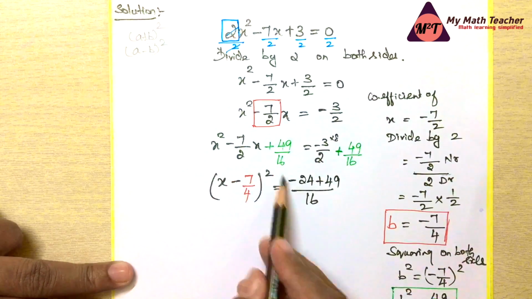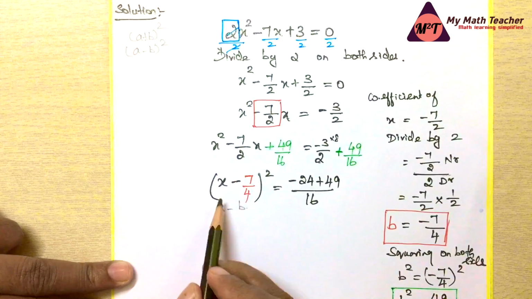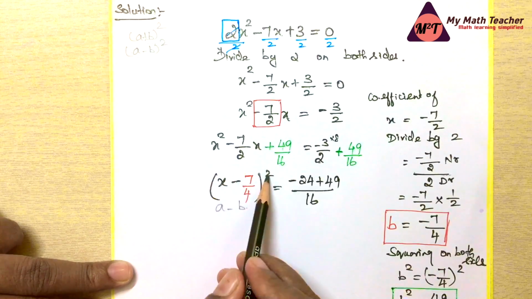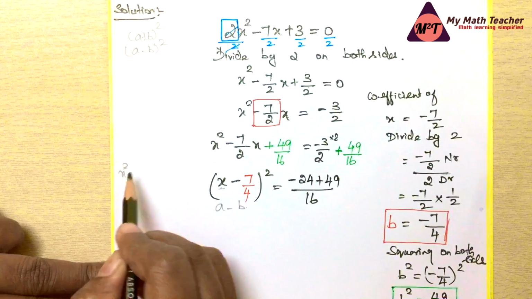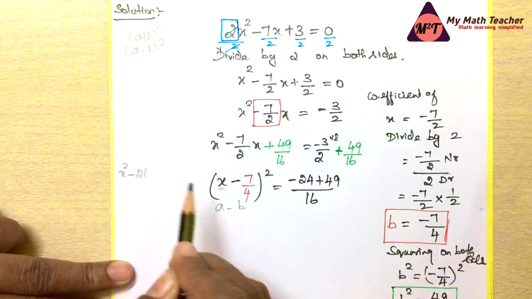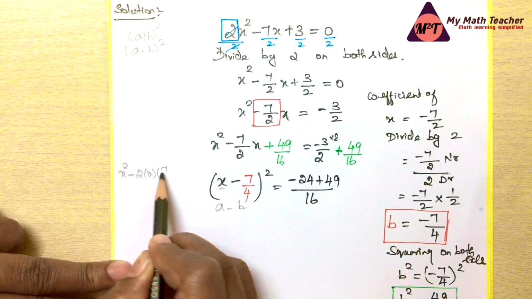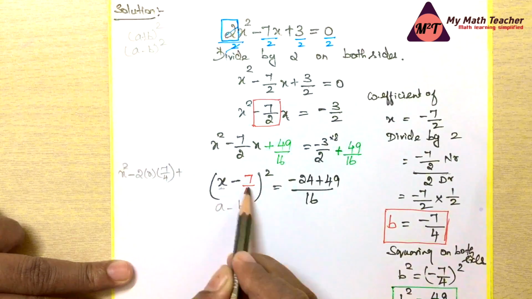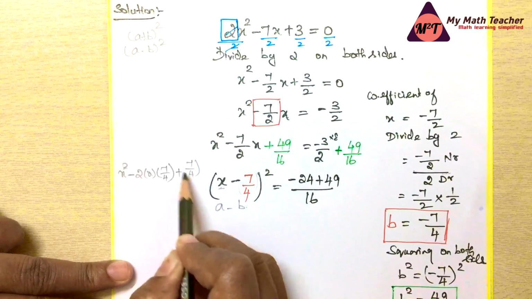Let us check whether it is correct or not. This is a minus b. Just apply the identity. A square: what is a here? x square. Minus 2ab: 2a is x into b, which is 7 by 4, plus b square. What is b here? The entire 7 by 4, squared.